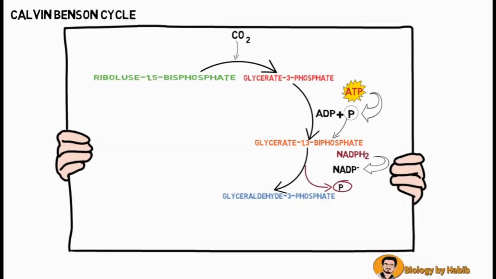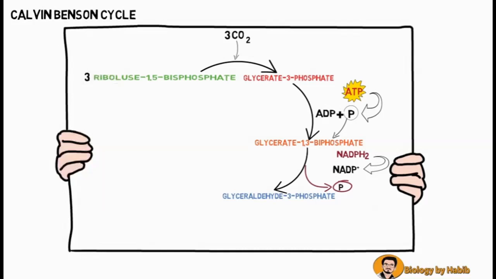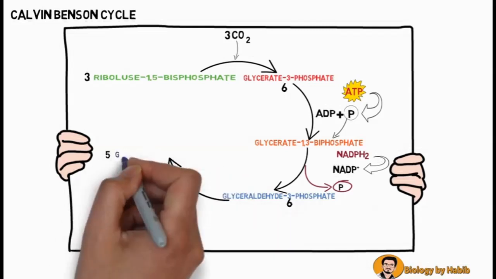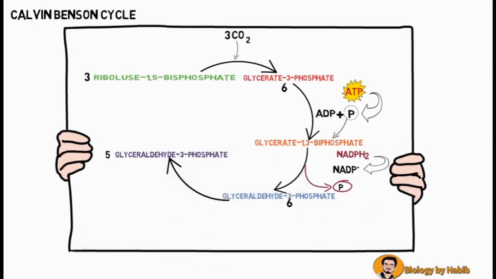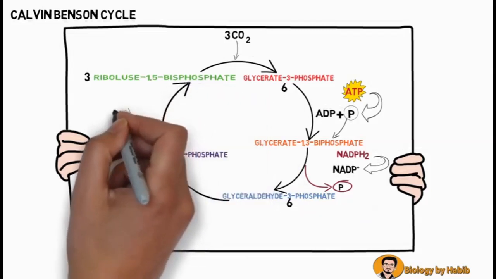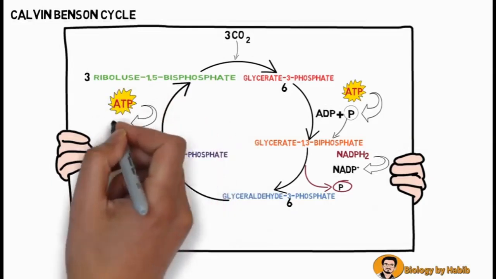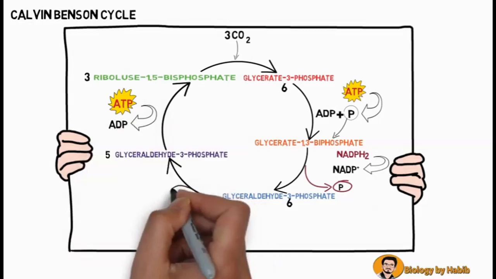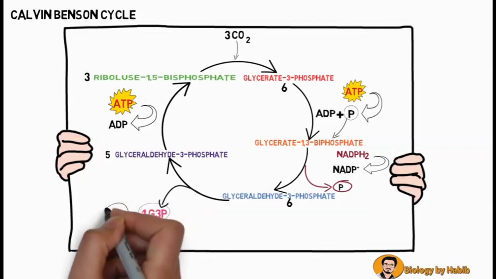So 3 carbon dioxide react with 3 RuBP to produce 6 molecules of G3P. So 6 molecules of glyceraldehyde are formed, 5 of which are used to regenerate the RuBP by the consumption of ATP. The remaining one is used to produce a sugar molecule, but G3P is a 3 carbon compound.